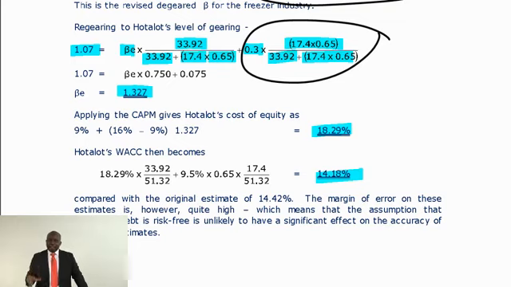CAPM assumes that the investor has a well-balanced portfolio, so all the unsystematic risk is eliminated. How many different investments should we have to be practically convinced that all the unsystematic risk is eliminated? I can't give you that answer. It's a theoretical thing. It's an assumption.